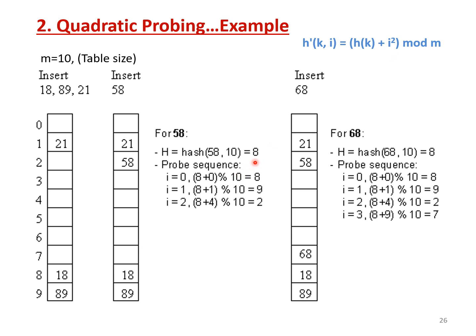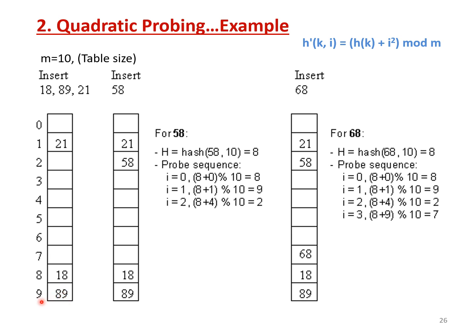So h of k is 8. 8 plus 1 squared is 1. When we find the remainder by 10, it gives 9. And again, the ninth position contains the key value 89. It is a collision. So we cannot store it in this location 9.